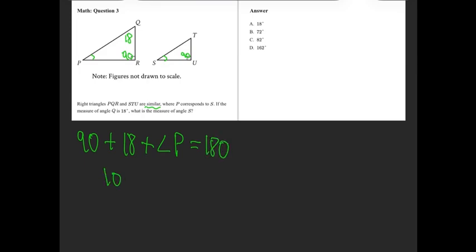And doing the algebra, we get that angle P is equal to 72. Now, remember what I said earlier, that similar triangles have their angles preserved. That means that T is also 18, and S is also 72 degrees, giving us B, 72.